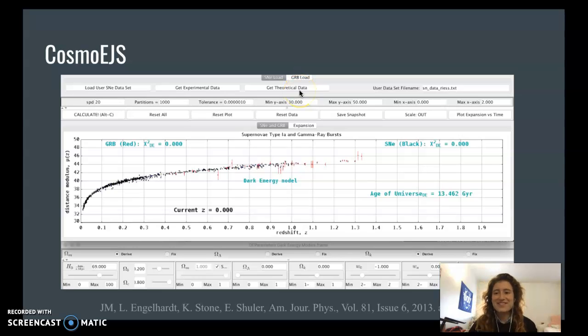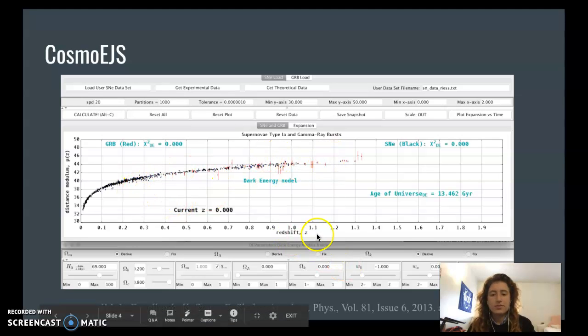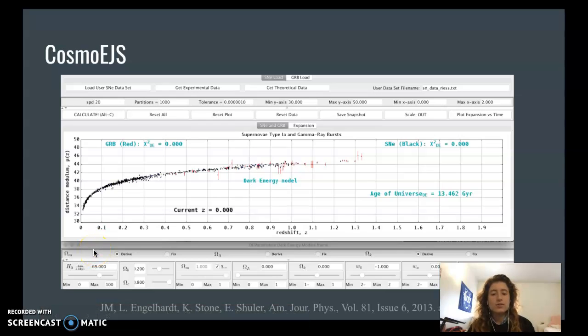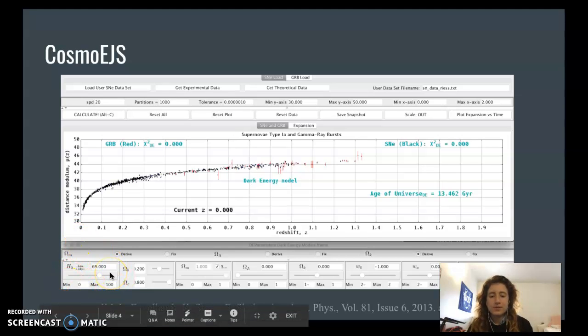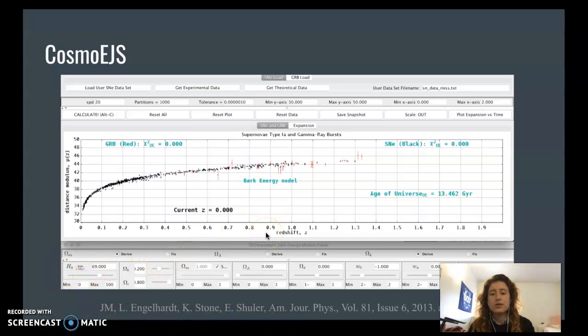So, Cosmo EJS. Cosmo EJS is a software, publicly available, open source, that allows observational data to be plotted against redshift, and then you're able to use different models to create theoretical trajectories of the universe by manipulating the Hubble constant as well as other parameters particular to the given models that you have chosen to use.